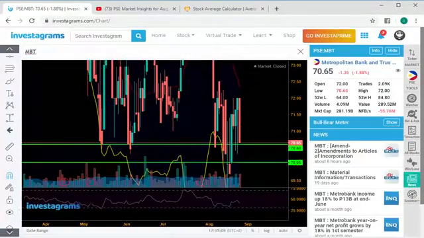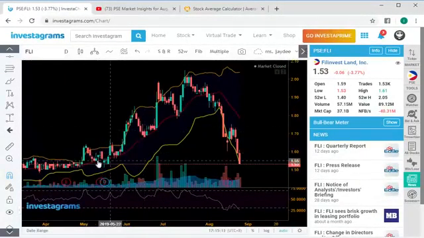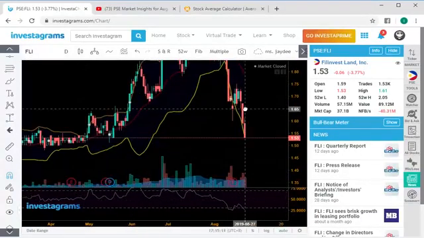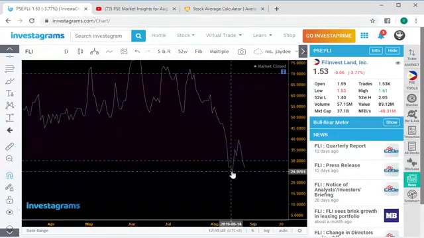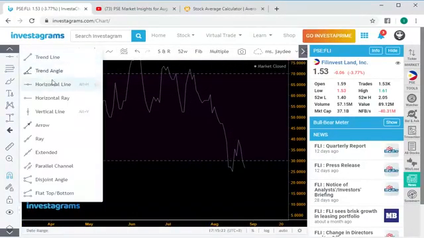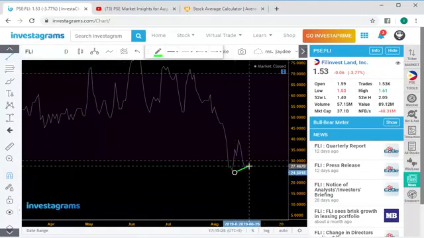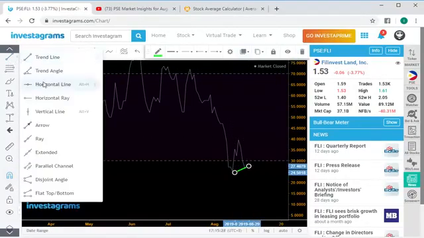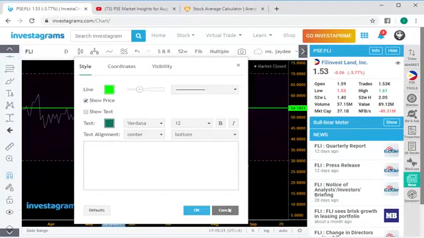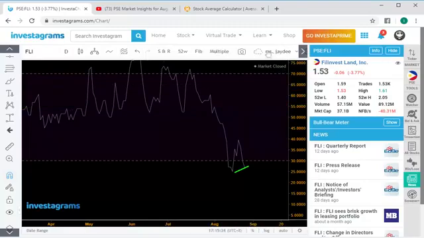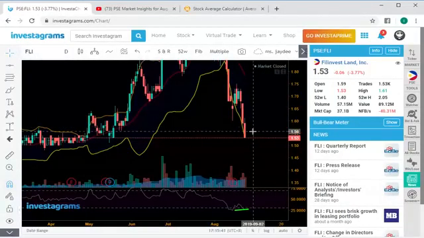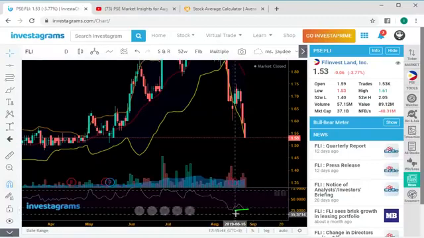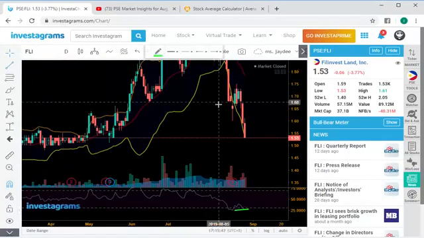Next would be FLI. Short-term bullish divergence. So this was moving up while this price was moving down.